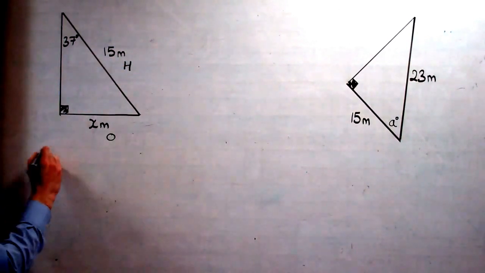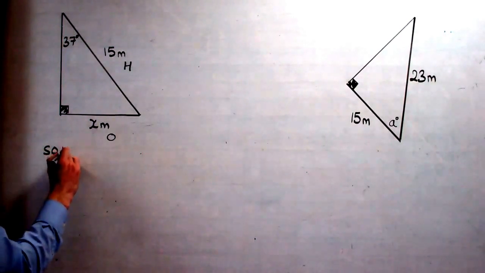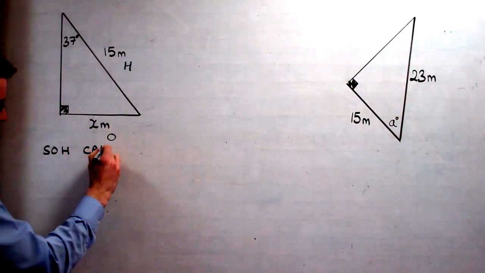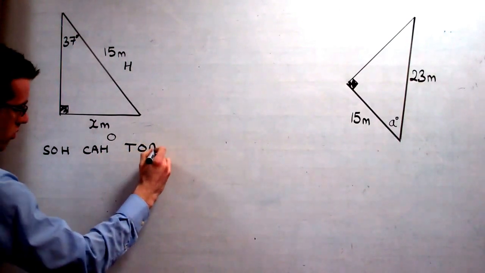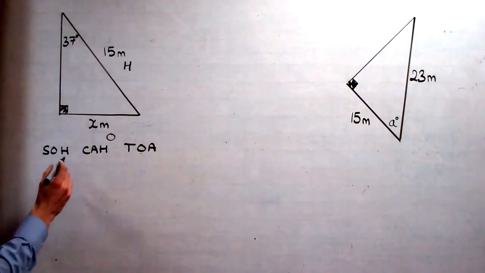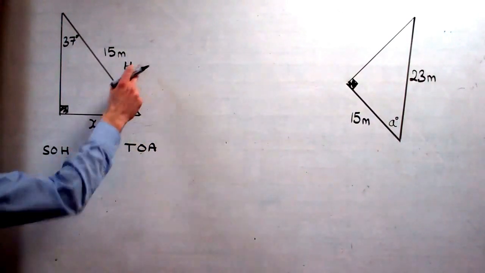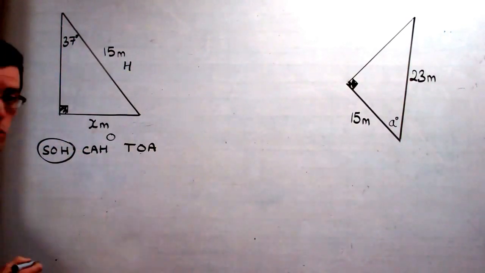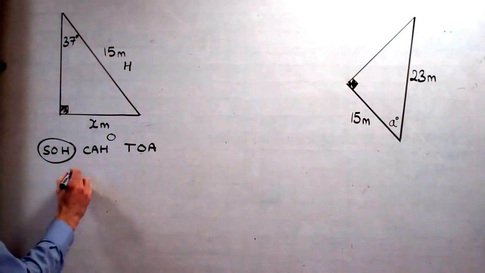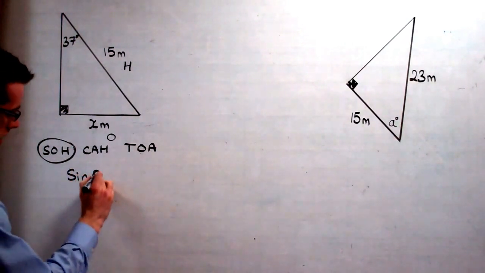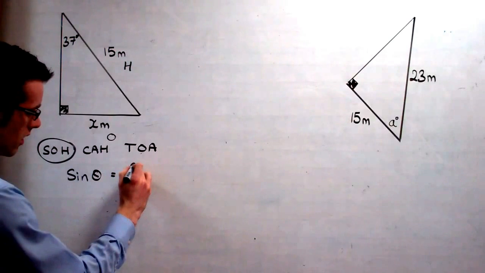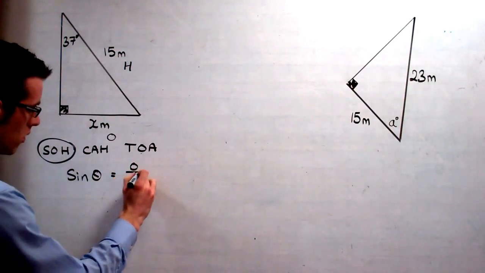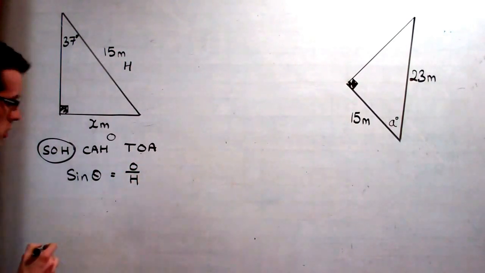Now, if we write down SOHCAHTOA, we can already see, because we've got O and H, opposite and hypotenuse, it's going to be sine that we're going to use. So if we write down the relationship for sine, sine theta is O over H, opposite over hypotenuse.